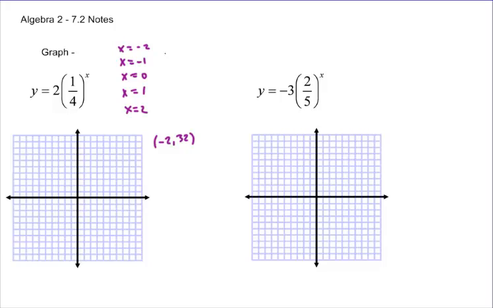And then when I do the negative 1, I've got 2 times 1/4 to the negative 1, which is the same thing as 2 times 4, which is 8. So I've got the point -1, 8. And then when x is 0, I've got 2 times 1/4 to the 0, which is 2 times 1. So 0, 2.